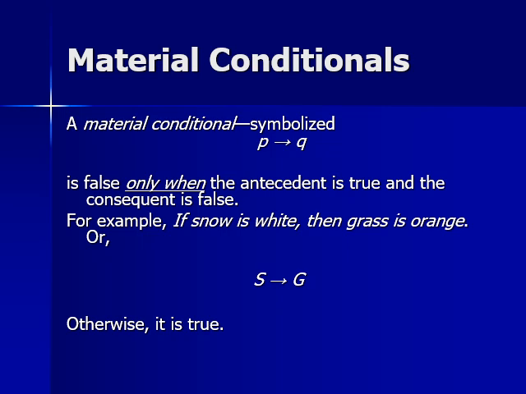Now, there are some differences between this usage and our ordinary language usage, so it's important not to confuse them. We will be talking about material conditionals because they're simply very useful for doing logic. One of the differences, I'll just mention it in passing, is that we normally think there has to be some kind of connection between the antecedent and the conclusion. For example, we wouldn't normally accept something like, if snow is white, then Obama is president.